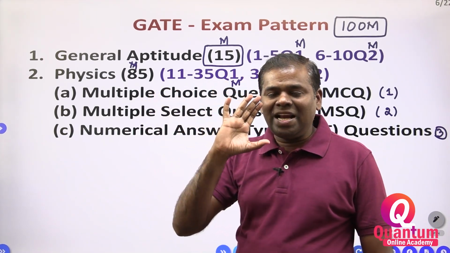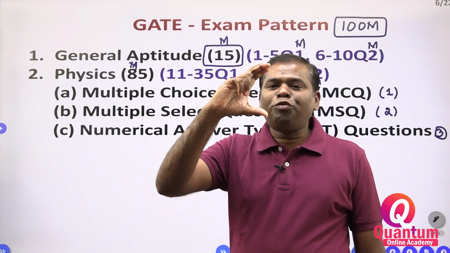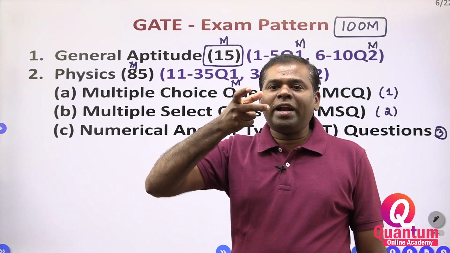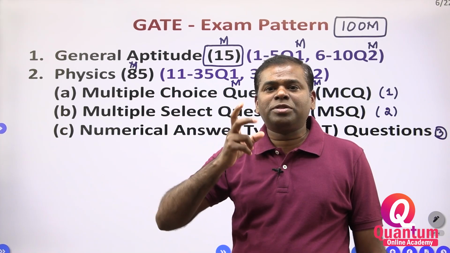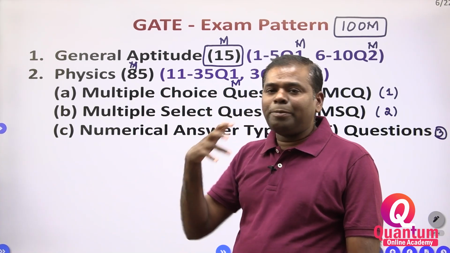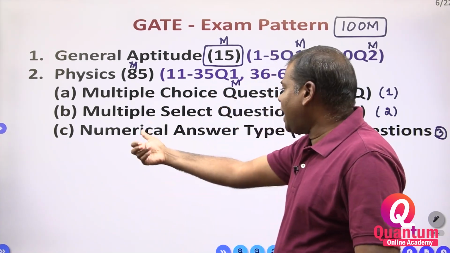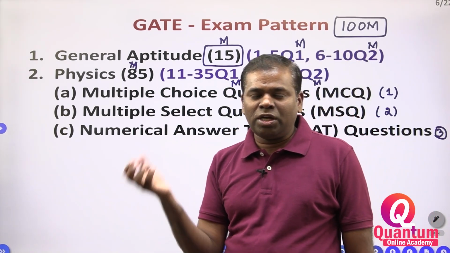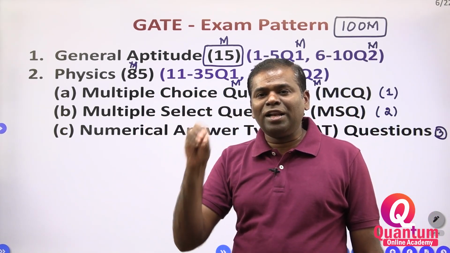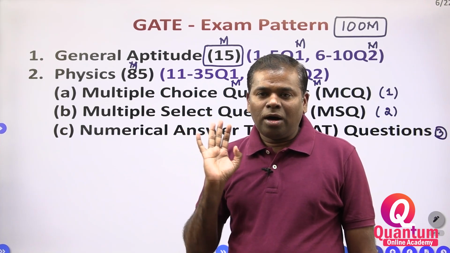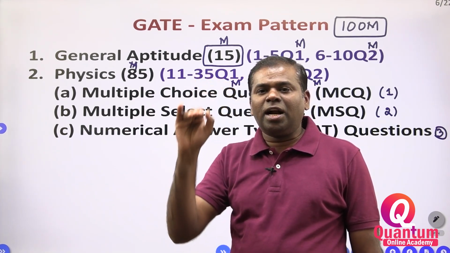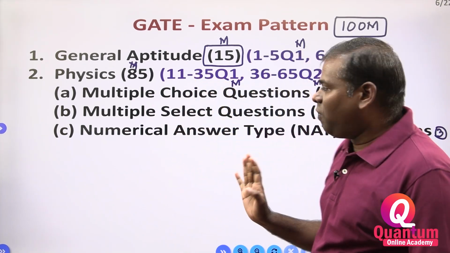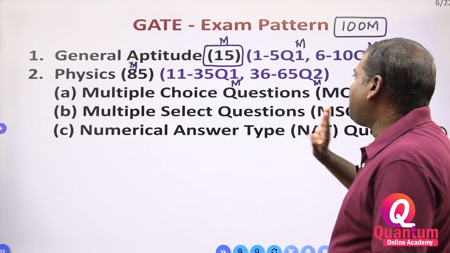In multiple select questions, among the 4 options, more than 1, or 2, or more than 2 options are correct. So such options you have to select, right? In numerical answer type questions, that is the problem, that value you have to enter in the box that is there. This is the exam pattern.